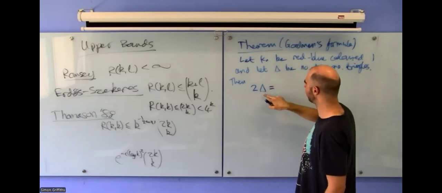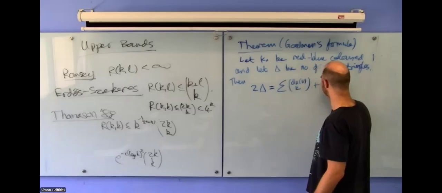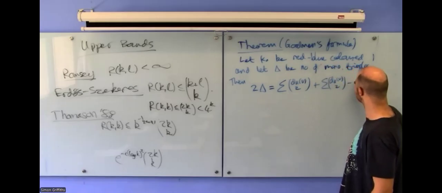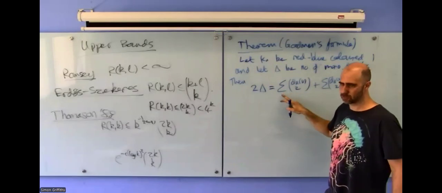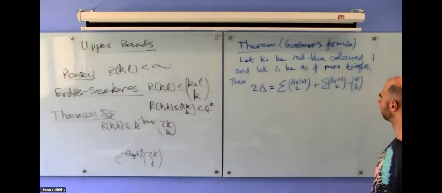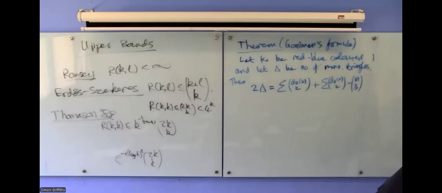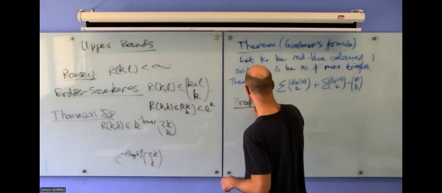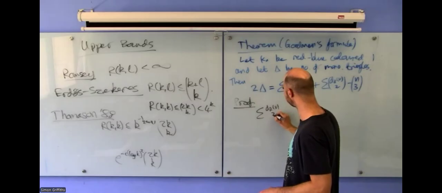In fact, twice the number of monochromatic triangles is the sum of the red degrees choose 2, plus the blue degrees choose 2, minus n choose 3. The sum here is always over all vertices of the graph. It's not difficult to justify why. Proof: consider the red sum, the sum of all the red degrees choose 2.